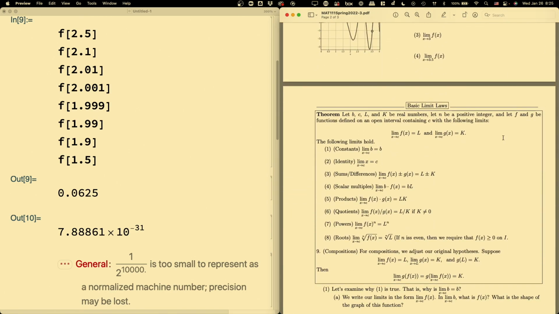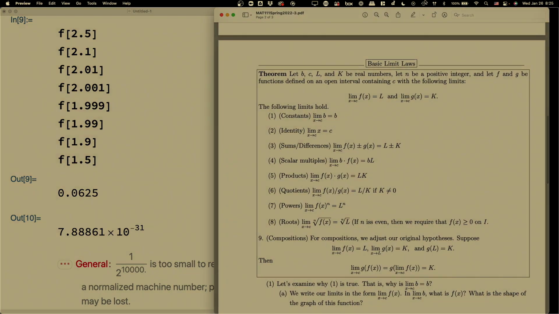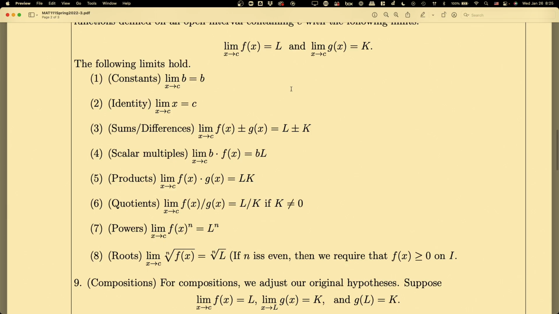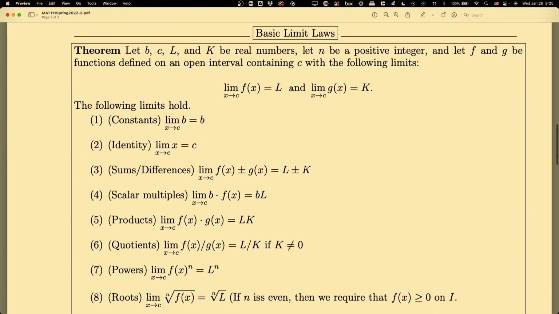Okay, so let me blow the text up, and let's do here. Like I said a few minutes ago, what we've seen is that it's not enough for us to just work with number crunching and graphs.